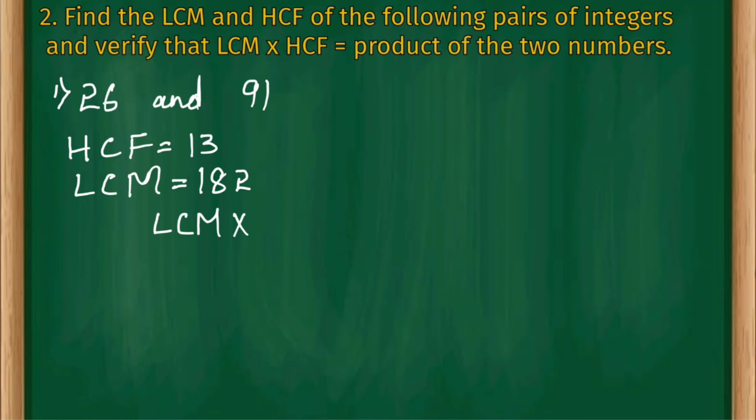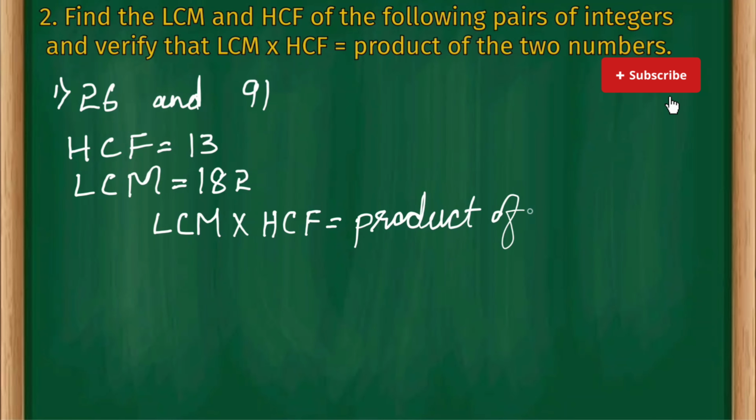Now we have to verify that LCM into HCF is equal to product of the two numbers. The two numbers are the numbers which are given in the question, that is 26 into 91. We will write down the formula or the equation.